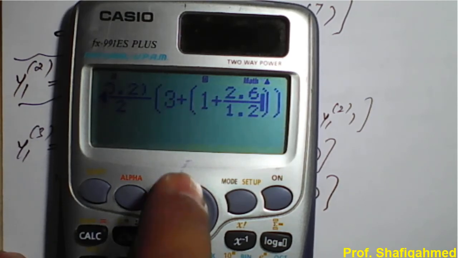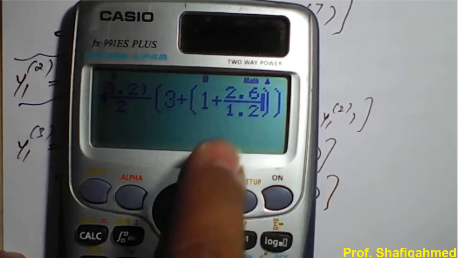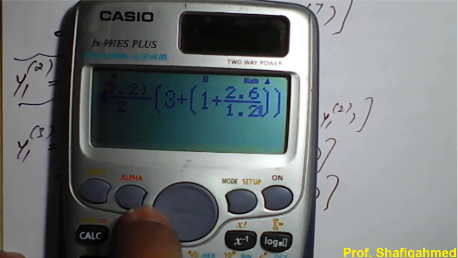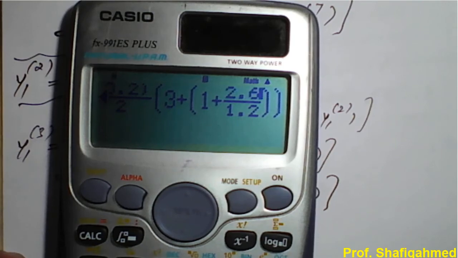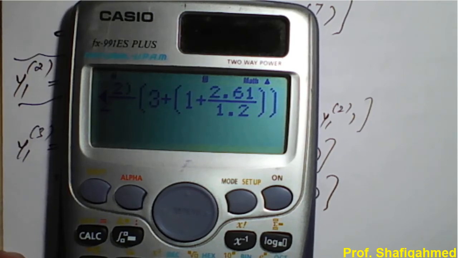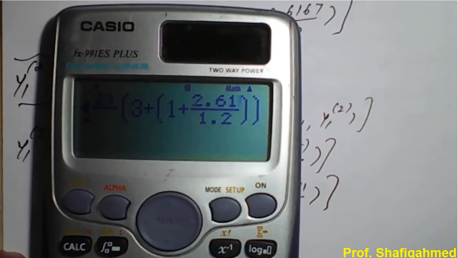So you just replace the value here, instead of 2.6 I will delete this and I will enter here 2.6181 and equal to sign.